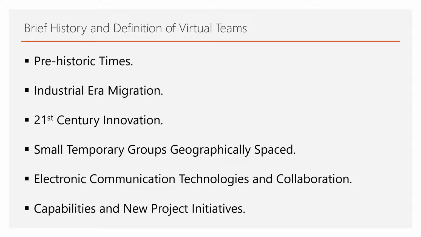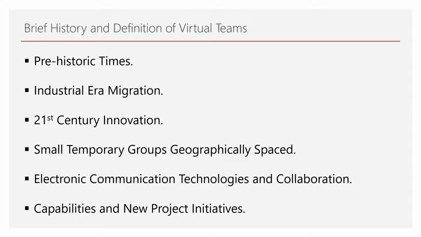So the definition of virtual teams is looking at them to be small temporary groups, usually working on some kind of project or product development that's geographically spaced. Or sometimes they might be in the same department, or the same building, but many times even if they are, they're not really collaborating as much as far as seeing each other.